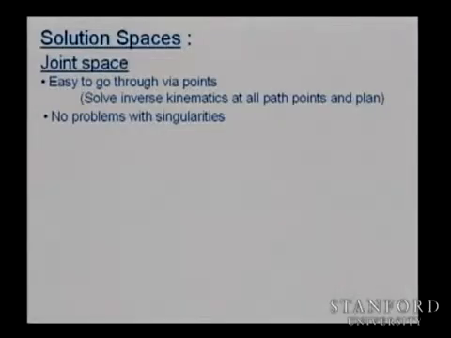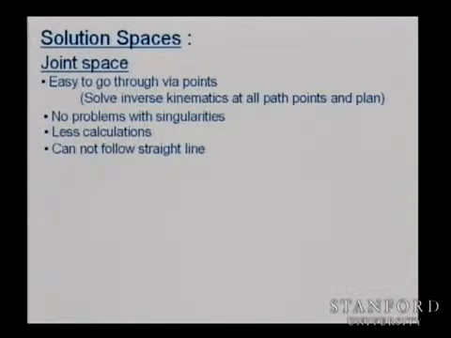There is no problem with the singularities, because the singularities occur in joint space. That's where the manipulator cannot move in a certain way because the physical structure is precluding it from doing that. Okay? So in joint space, that's immediately obvious. Less calculation. We are only doing the inverse kinematics at these target points.